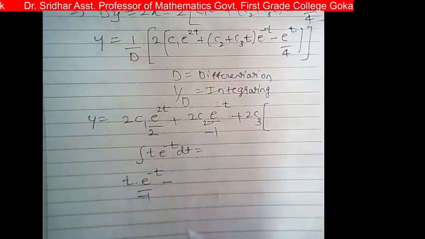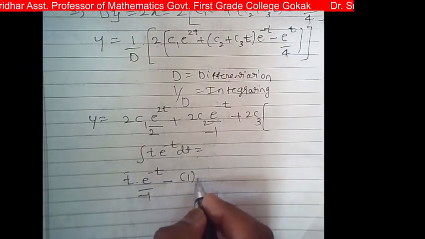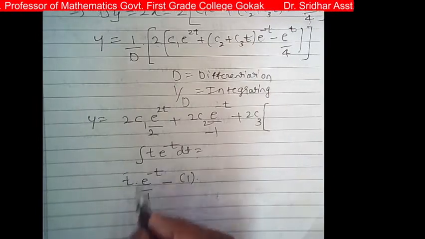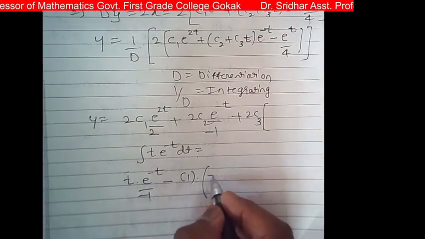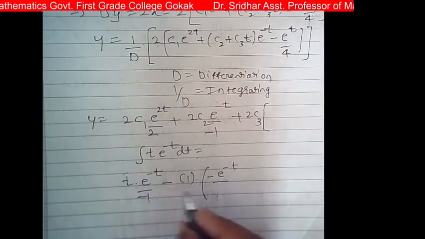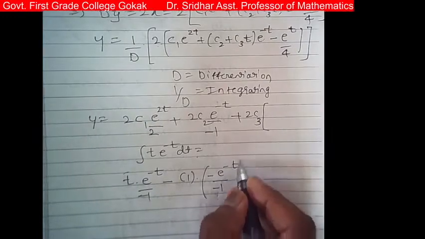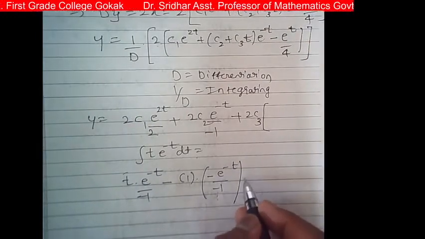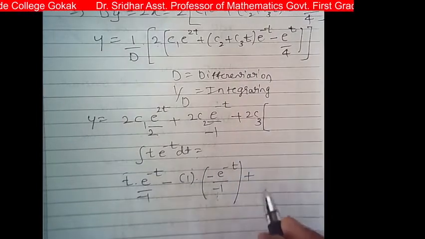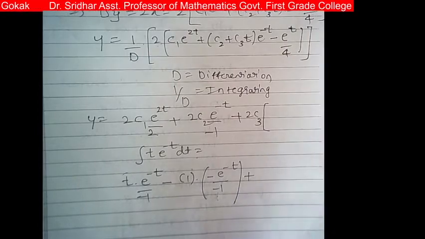Next put a minus sign, then differentiate t, you get 1, and integrate the second again, e raised to minus t divided by minus 1. Then take a plus sign, the differentiation of 1 is 0, so stop the procedure.